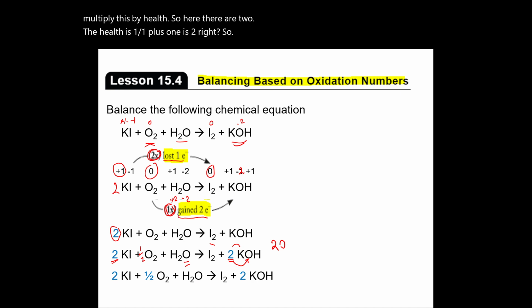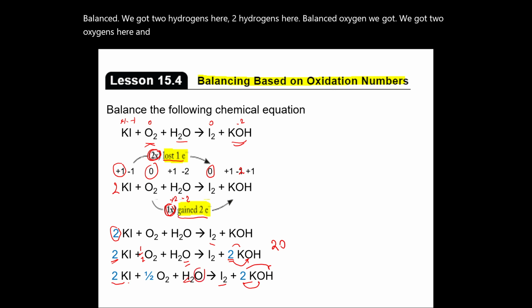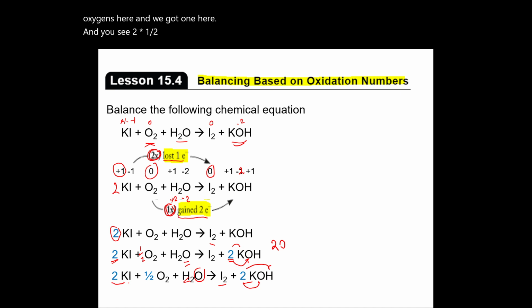So now we got 2 potassiums, 2 iodines balanced. We got 2 hydrogens here, 2 hydrogens here, balanced. Oxygen, we got 2 oxygens here, and we got 1 here, and you see 2 times 1/2 is 1, so 1 plus 1 is 2, so it is balanced.